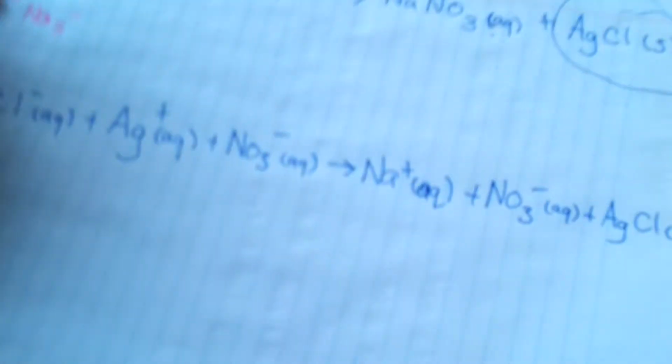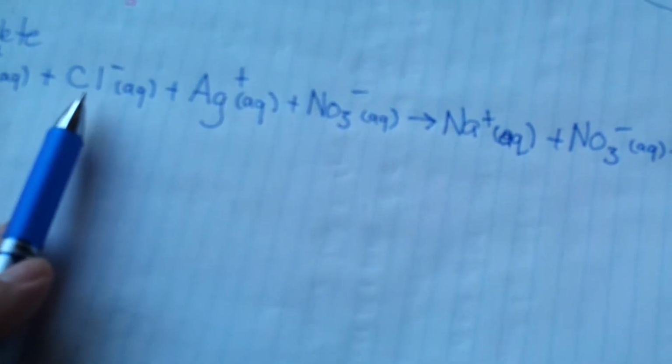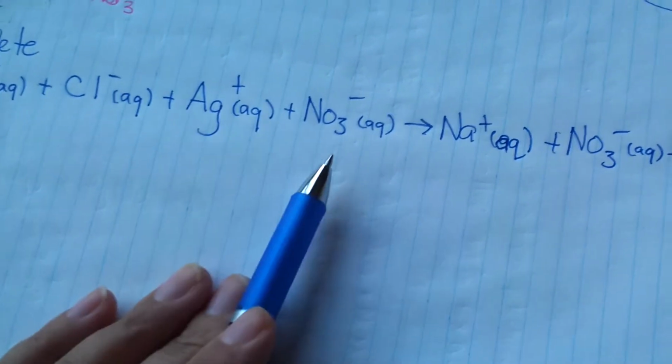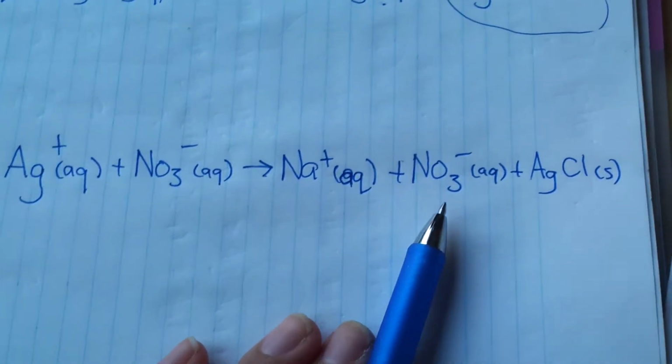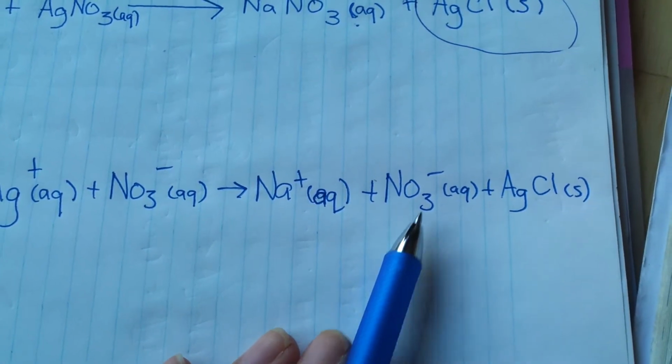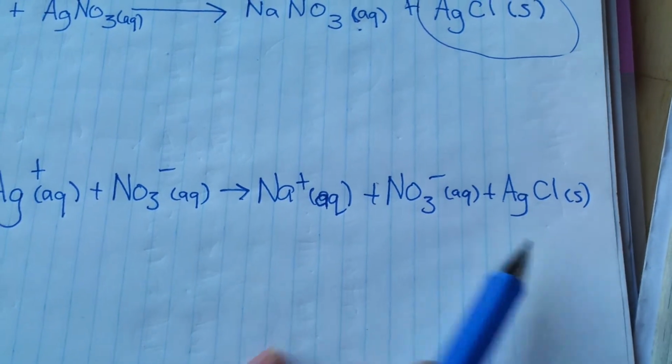Never breaks down again. So there we have it. We have sodium chloride and silver nitrate combining to form sodium nitrate and silver chloride.